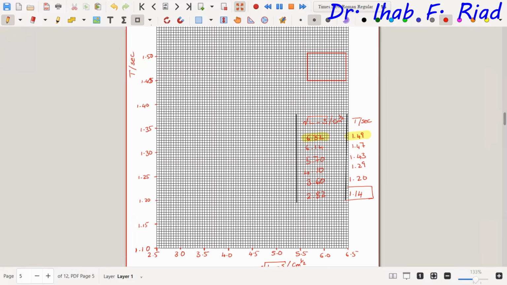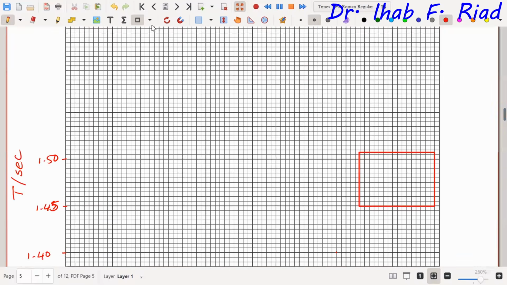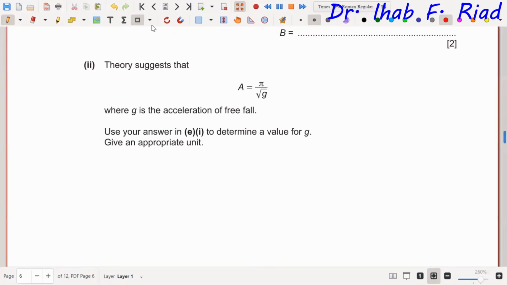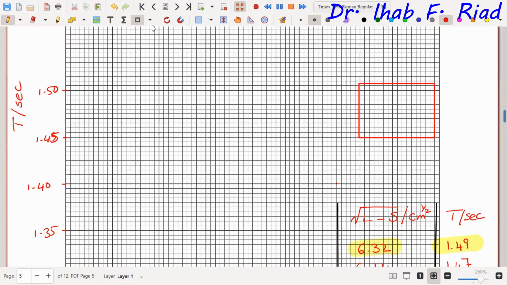Yes. Okay, so this is 6, and we have above 1.45. Okay, let us zoom in a little bit. So this is 6, and this is 1.45.